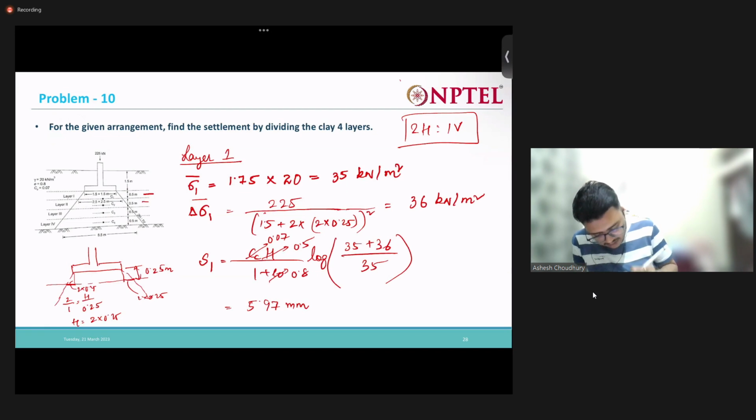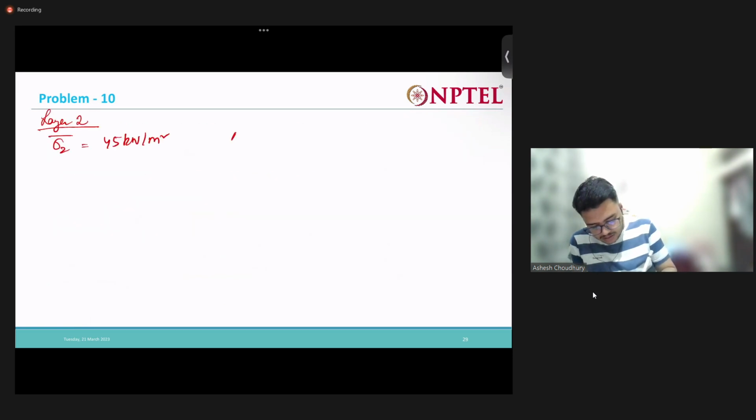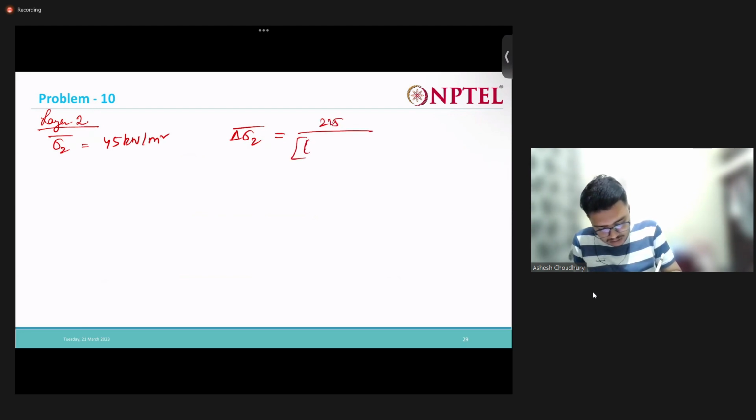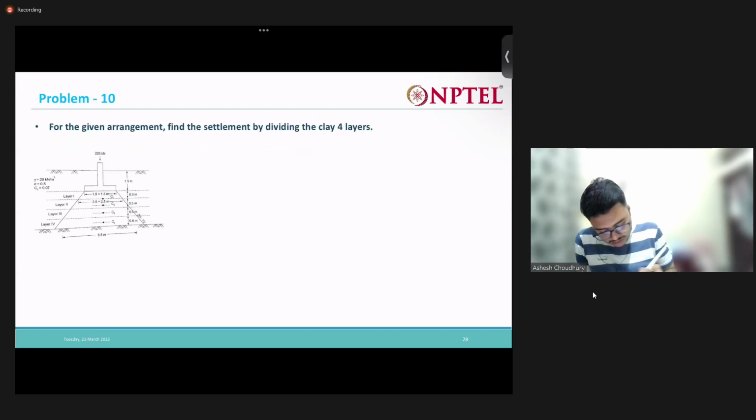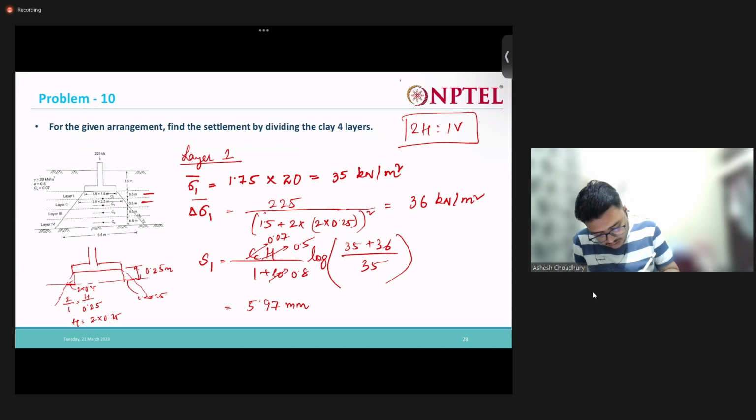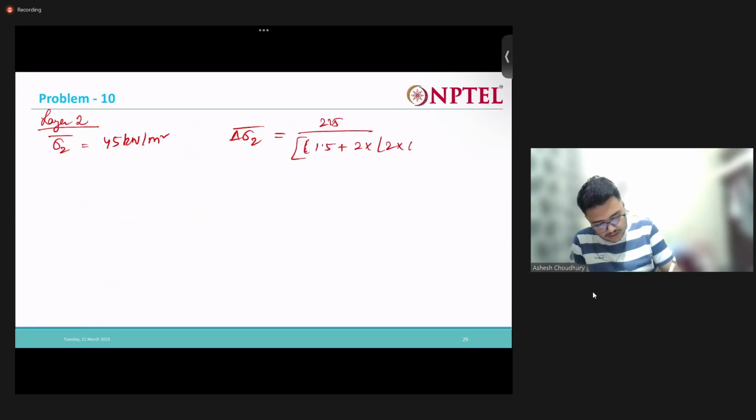Here at this level. And what will be the increase in stress? 225 by 1.5 plus 2 into 2 into 0.75, right?